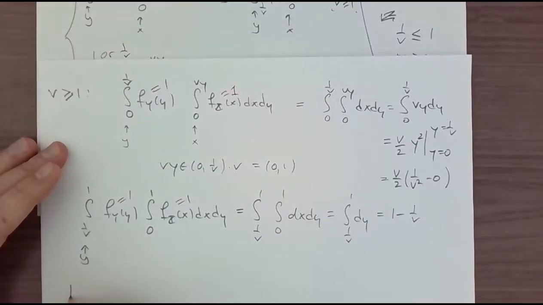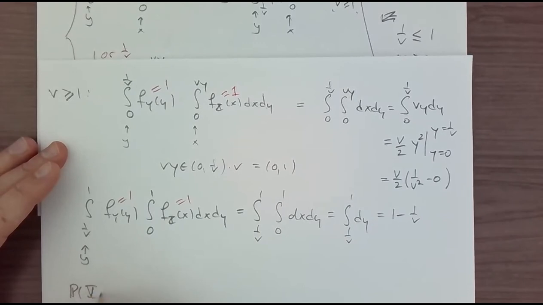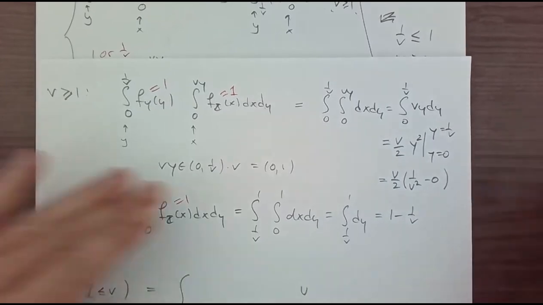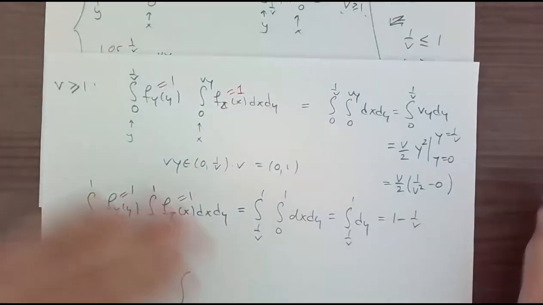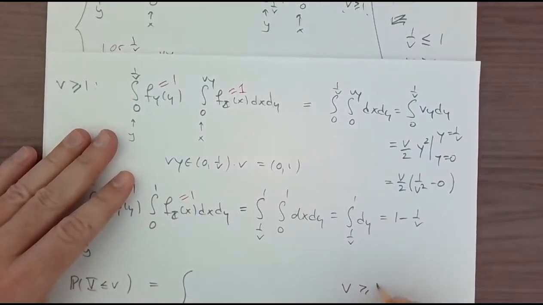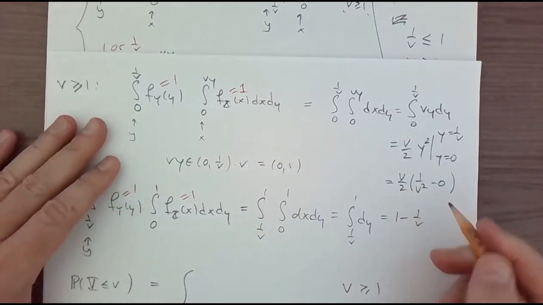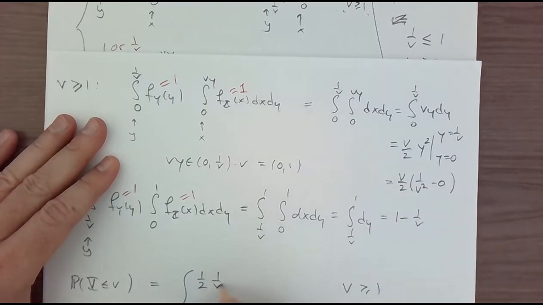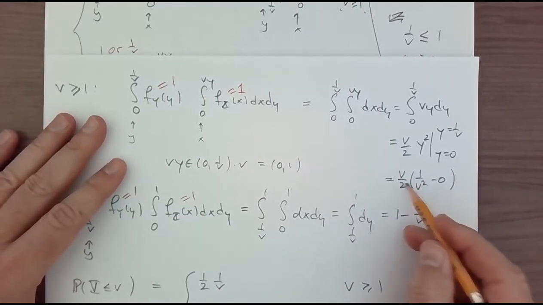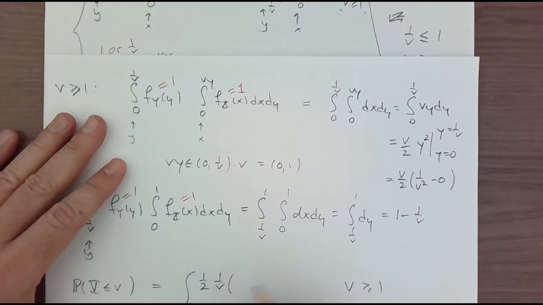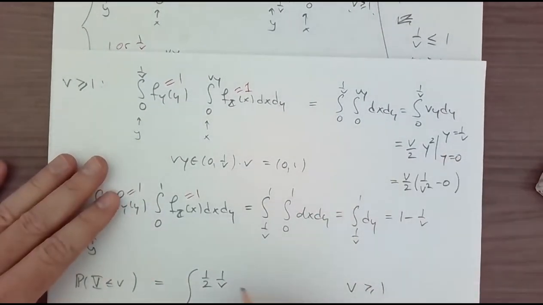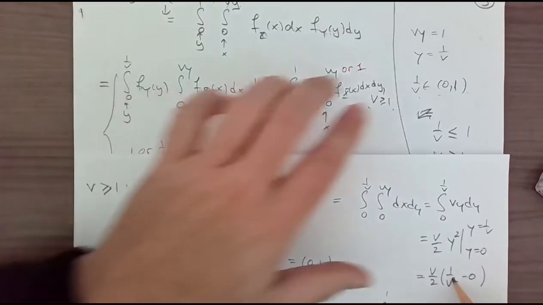So all in all, the probability that V is less than v, when v is big, is going to be equal to the sum of these two. So that is 1/2 times 1 over v, that was the first one, plus, that was this integral here, plus that one over here.